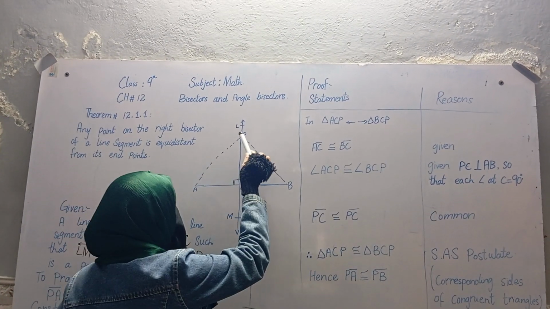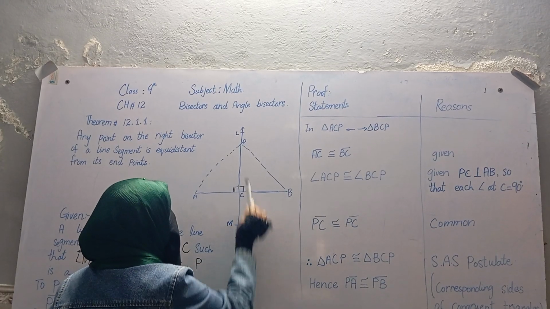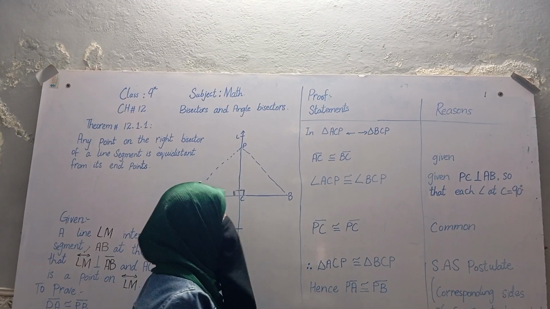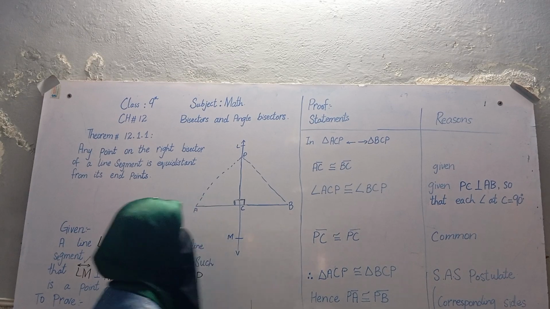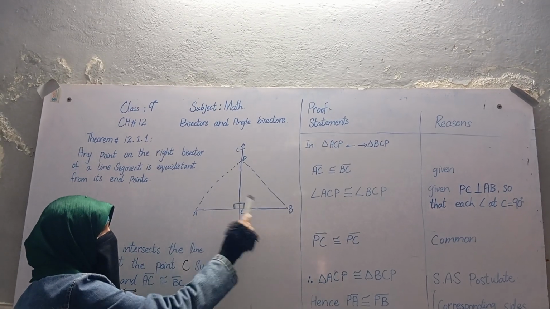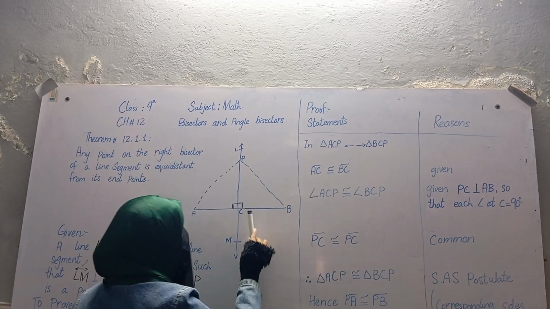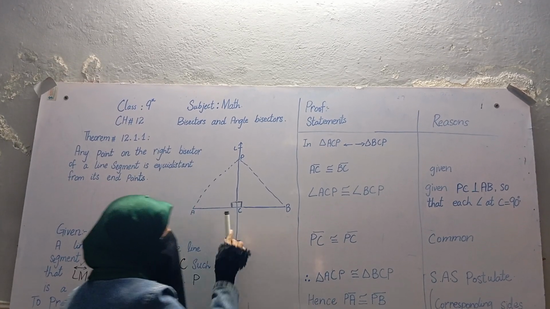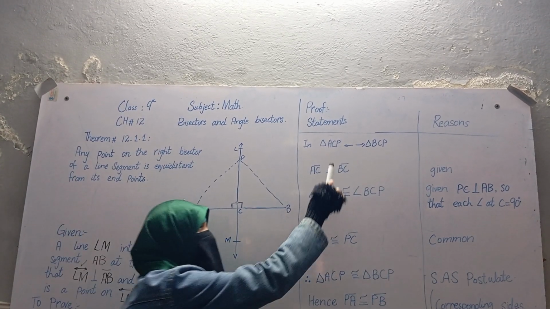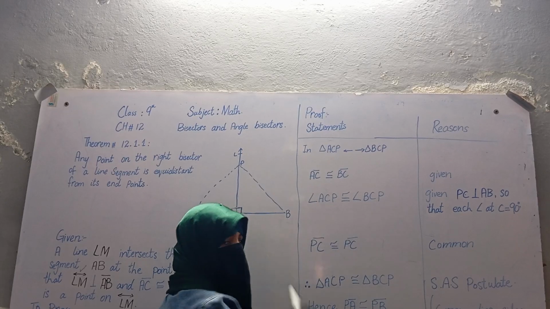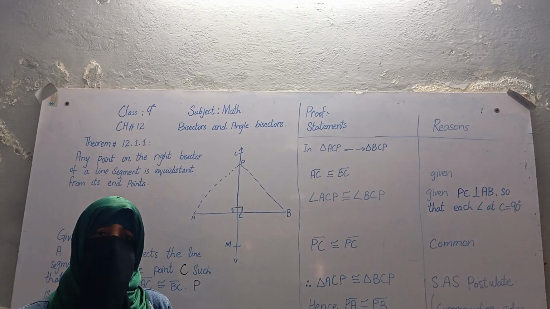Now triangle BCP. Now line segment AC is congruent to line segment BC. Now this one, which we write in triangle form, is also showing the angle.